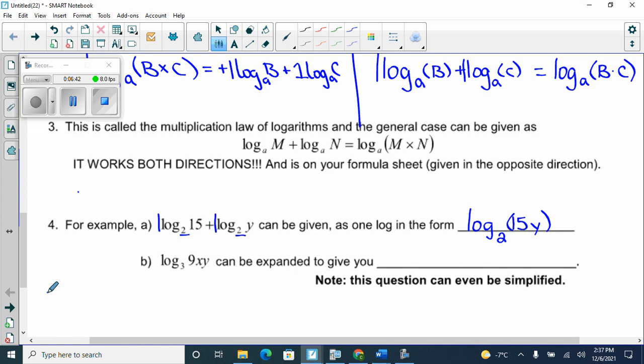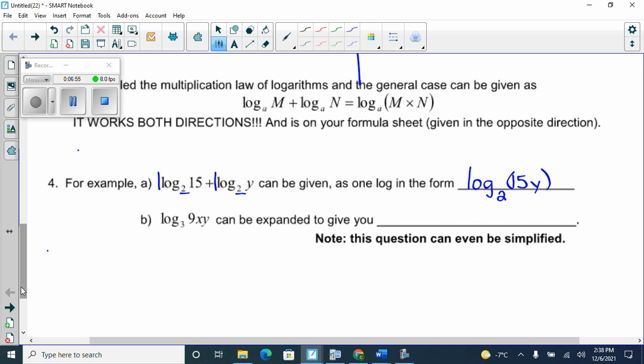Okay. Log base 3 of 9xy. I am not joking. This is the one you have to spot to separate. So you think there's not much you can do? You actually can. So this is what I do. If I see this, I immediately go log base 3 of 9 times x times y.